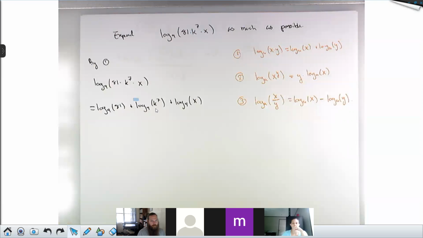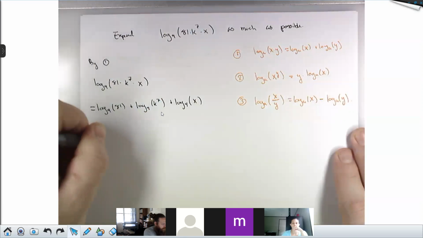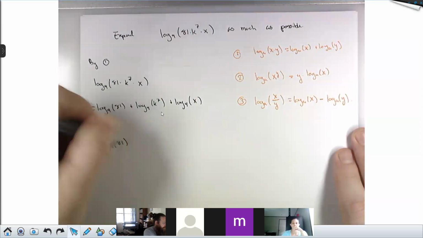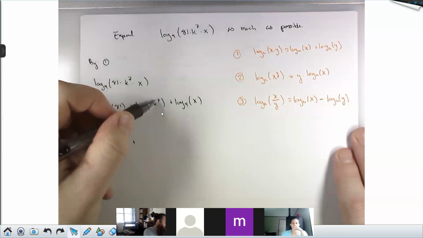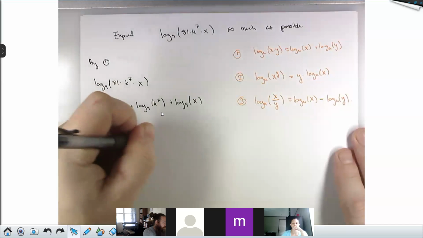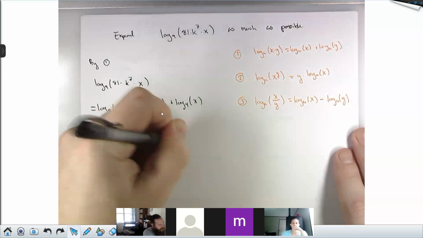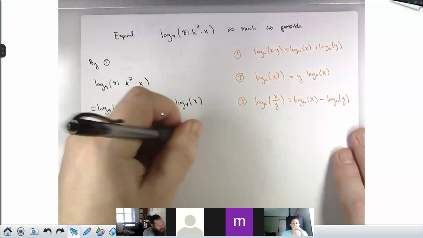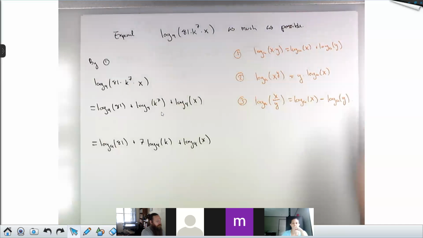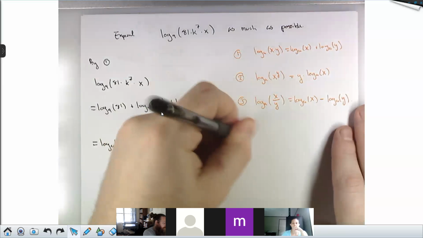And then with this middle term, I can go a little further. This 7 can now come down in front of its logarithm, and this is by property 2.